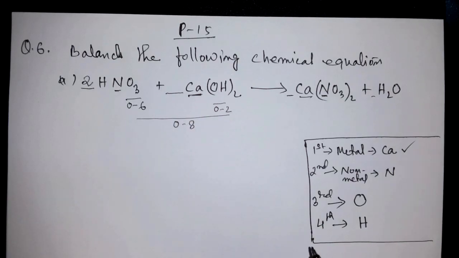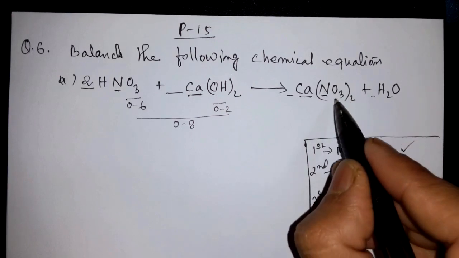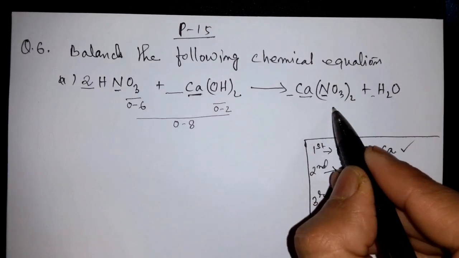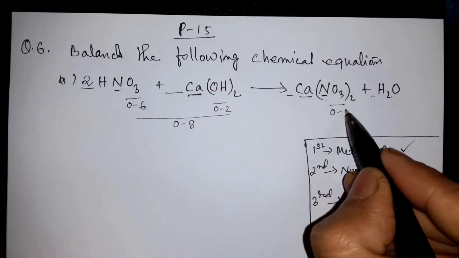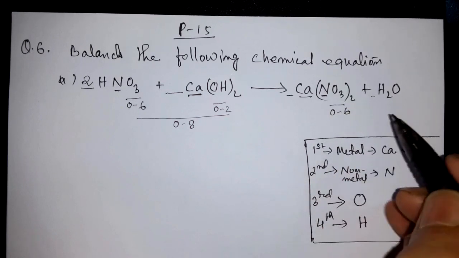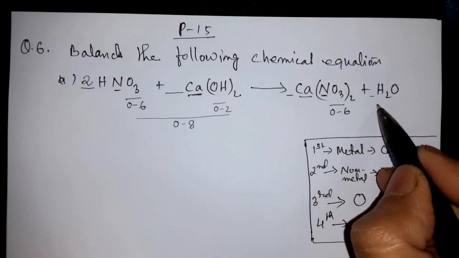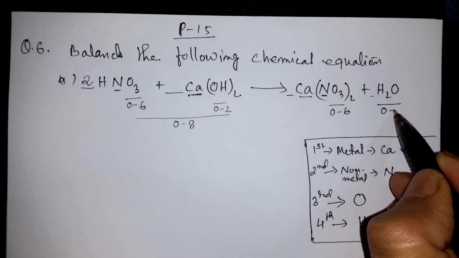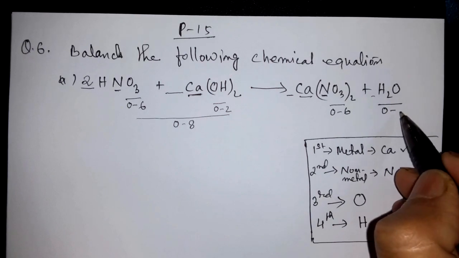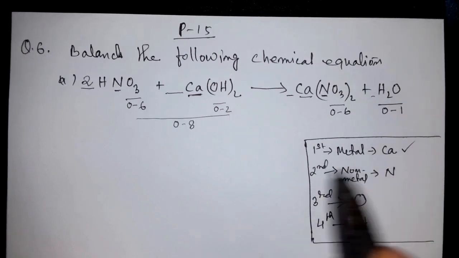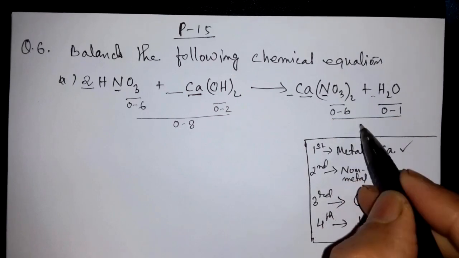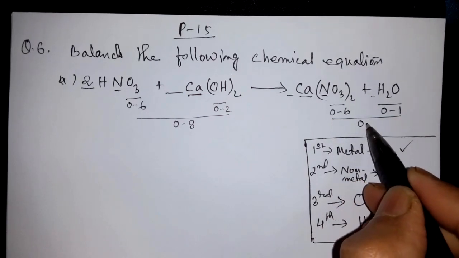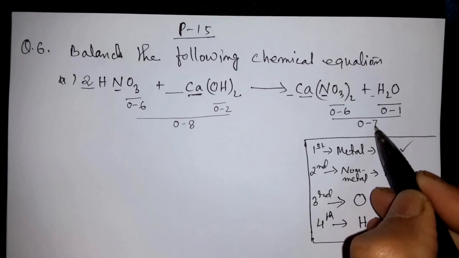Now let us check on the other side. Here your oxygen is 6, and here your oxygen is 1. So altogether it is coming 7.